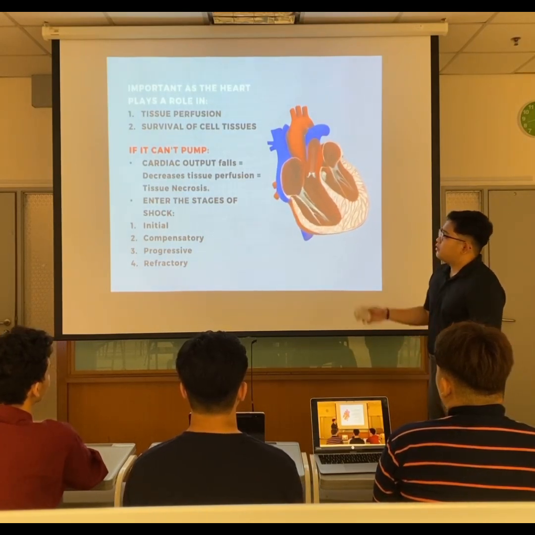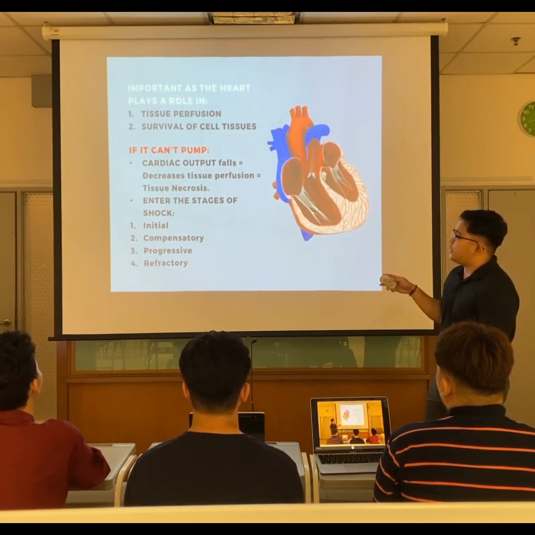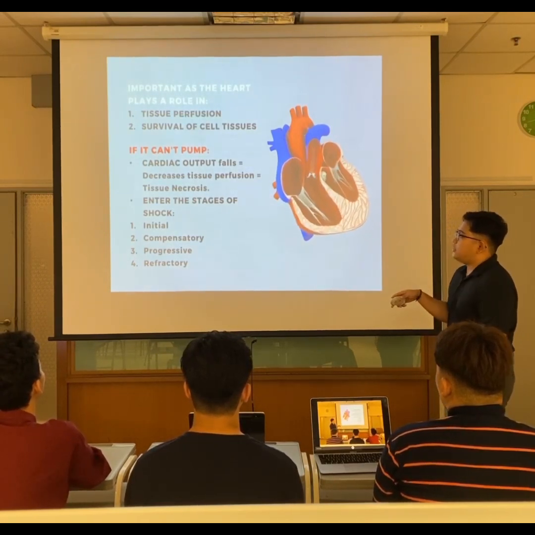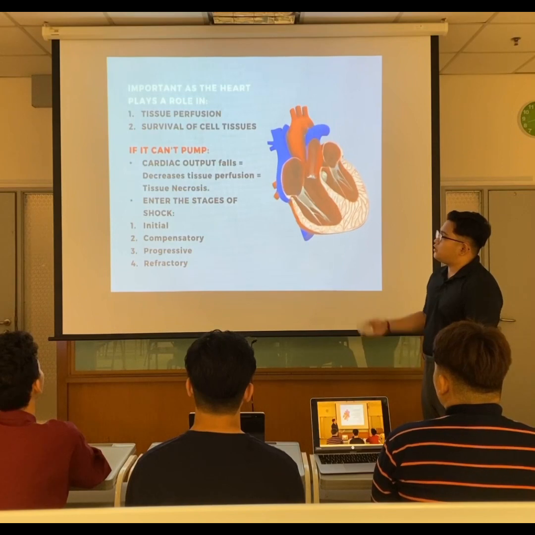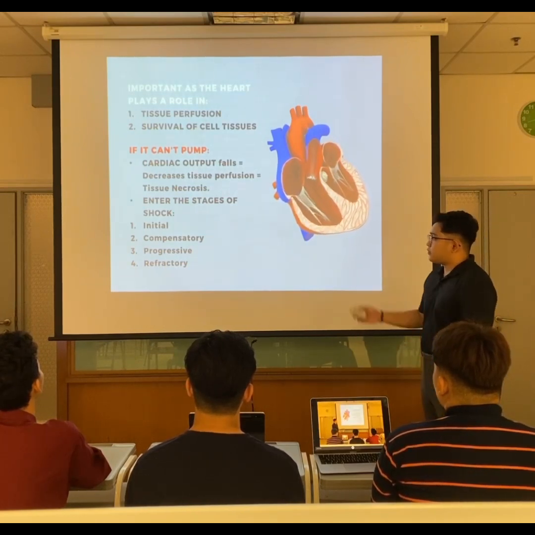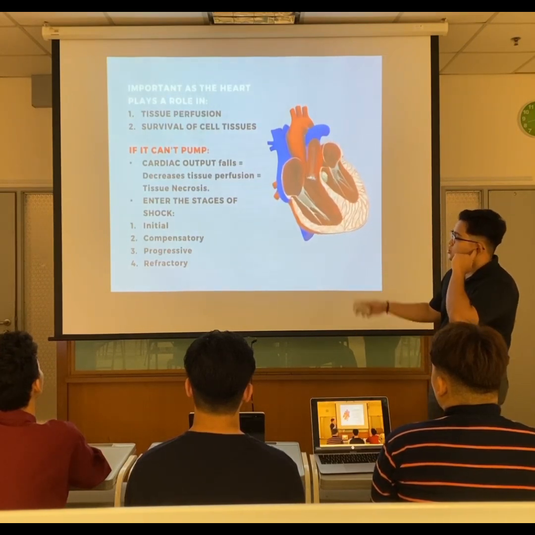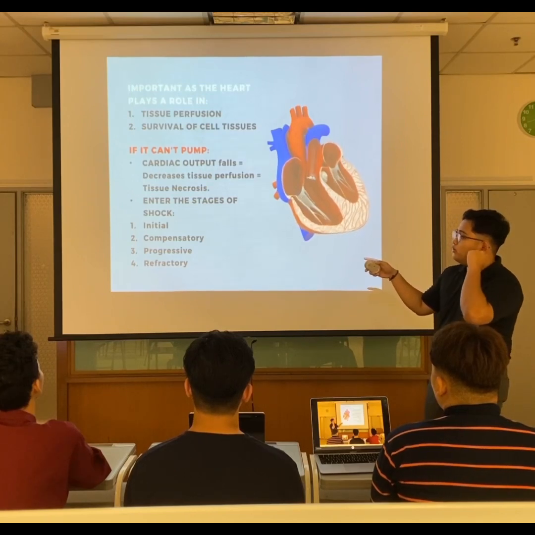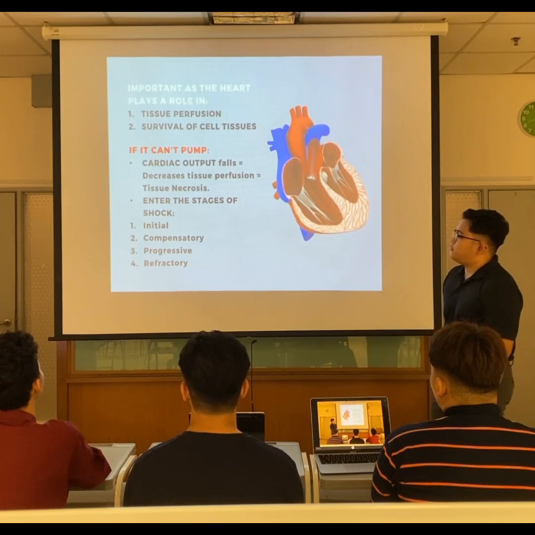And then, what happens if the heart cannot pump is the cardiac output will fall, which later we will discuss, which causes a decrease in tissue perfusion and ultimately leads to the death of tissue. Okay, so later, when the body experiences the death of tissues, it will enter the stages of shock, which I assume that you all already know: the initial, compensatory, progressive, and refractory.